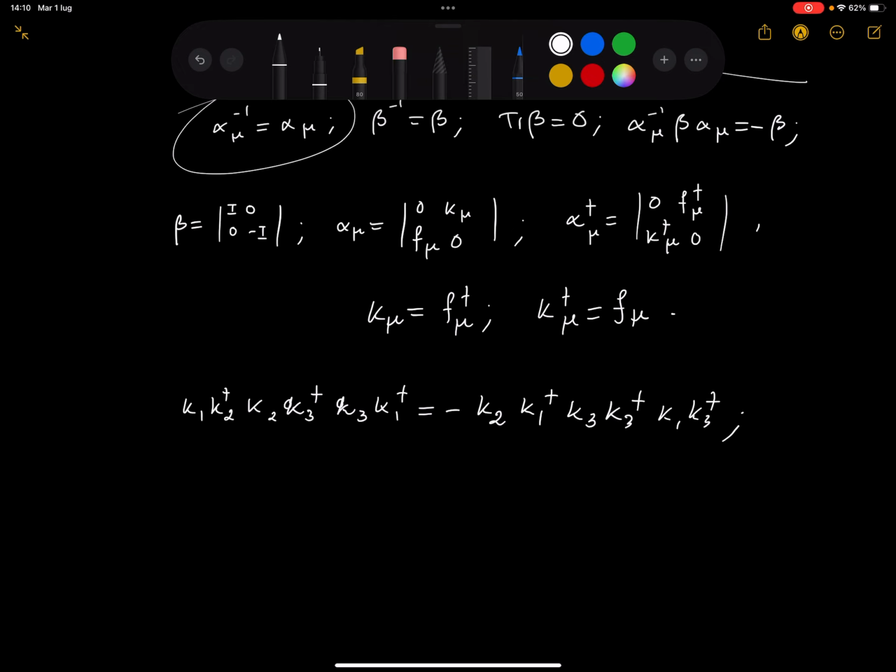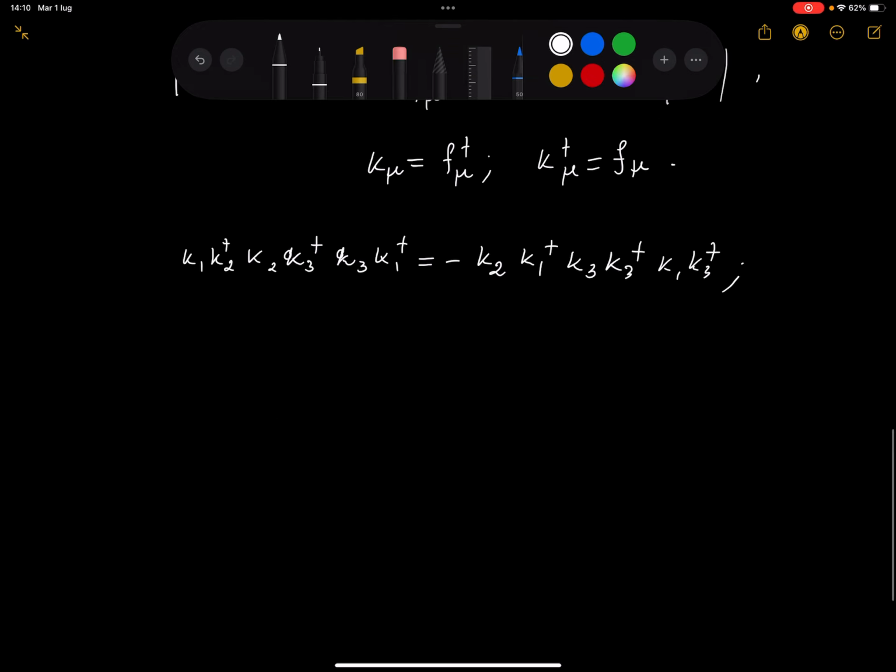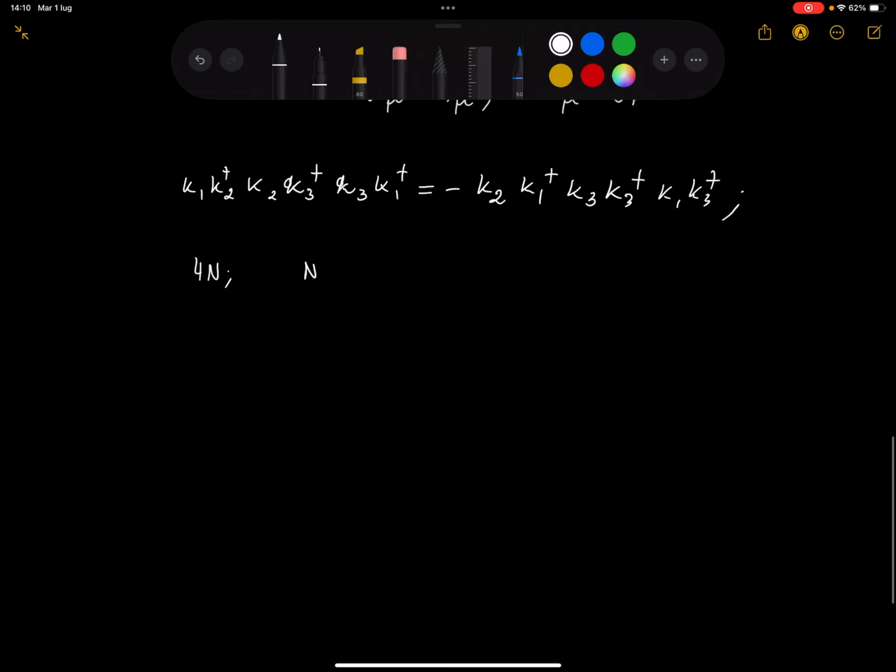So we have a matrix of dimensionality 4. Well, not dimensionality, it's size, so it's 4n, let's say, right? So it's 2n by 2n. And if n is equal to 1, right?